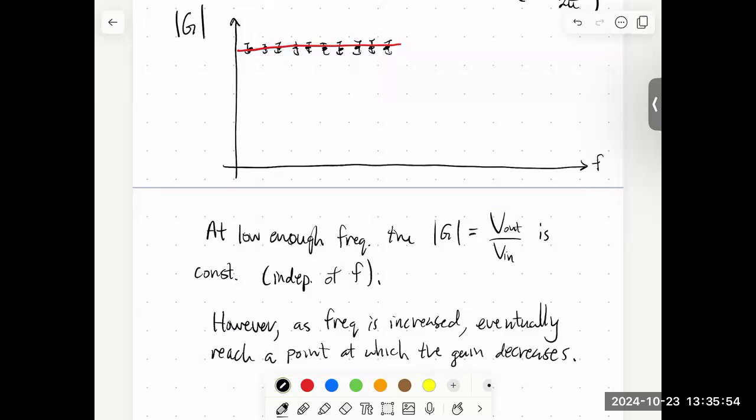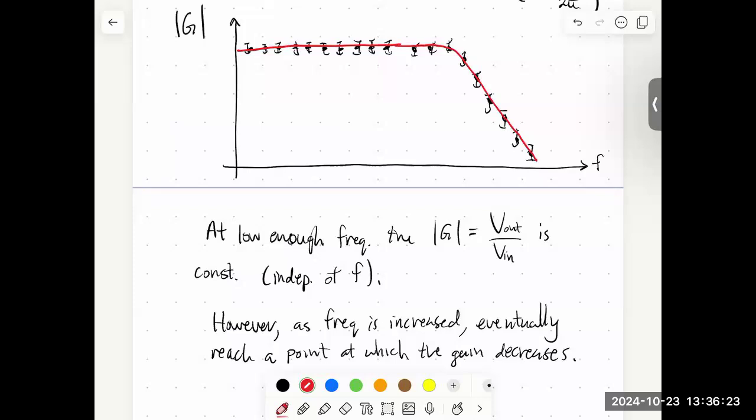And so let me show you what that would look like. You're going to keep going. Maybe it's still flat a little bit longer, but then you'll eventually find that this gain will start to decrease. Okay, and so put some error bars on here. And so what we're going to do is we're going to try to measure where does the gain start to go down.